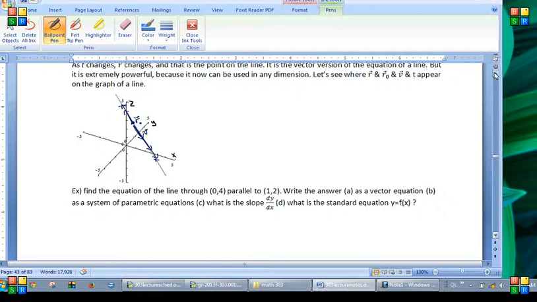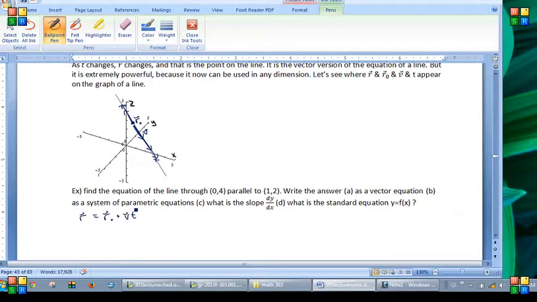Okay. So find the equation of a line through the point (0, 4), parallel to (1, 2). Write the answer as a vector equation, as a system of parametric equations, and then I'm going to connect that back to our standard representations. Okay. So how do we do this as a vector equation? Well, it's just r equals r0 plus vt.